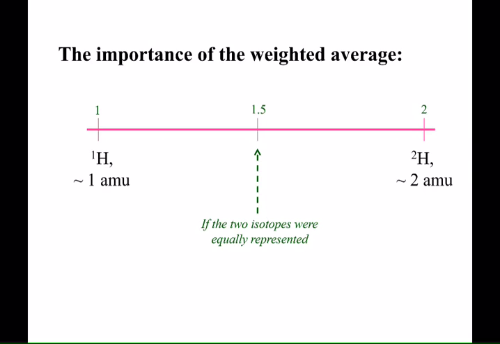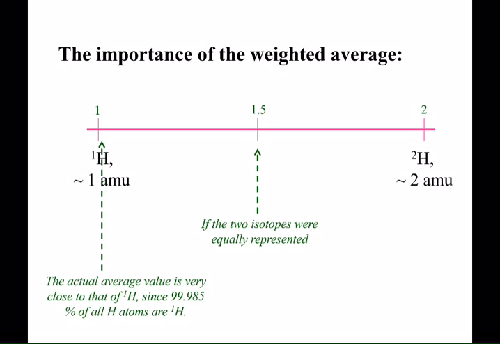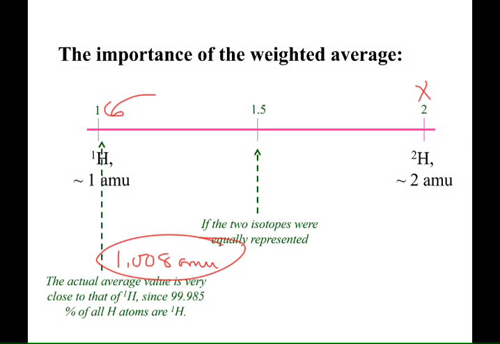But since hydrogen 1 is so much more abundant, when we come up with a weighted average, we actually come up with 1.008 AMUs as the decimal number for hydrogen. So it's definitely weighted on this side because this is much more abundant than this. And if you apply the formula for calculating average atomic weight, it will always come out right. It will take that into consideration.